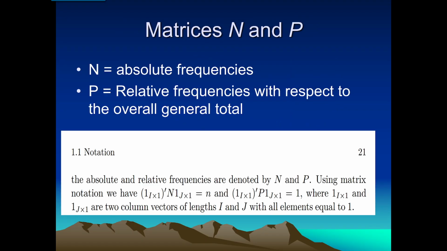We work in matrix terms, and this is in matrix terms.